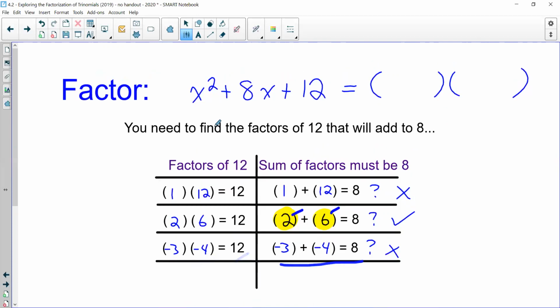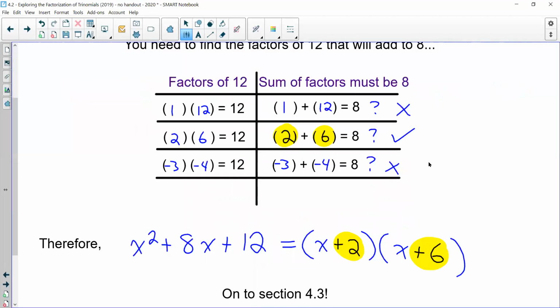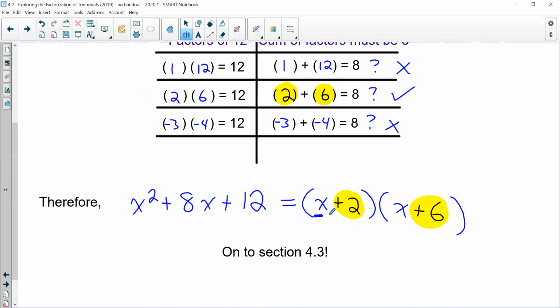So how do we use that to factor? Well, because it's in a particular format, the first portion of the brackets are x and x. And that makes sense because x times x gives us x squared. Because we have the numbers 2 and 6, that's going to be the second part of the binomials. Whoopsie, that should have been a 6. In the bracketed part, you have the x at the beginning, because x times x produces x squared.